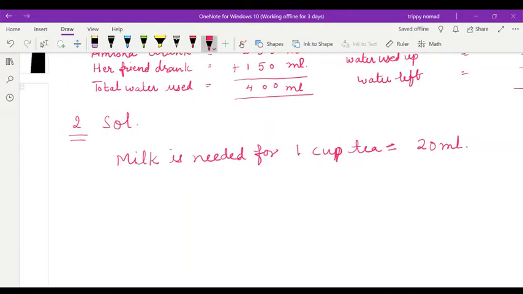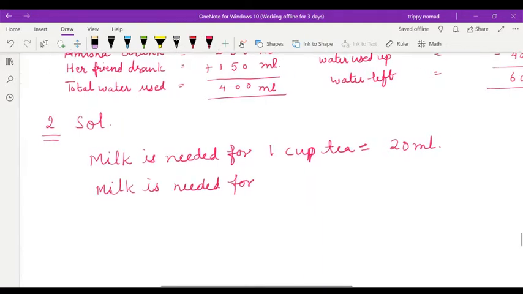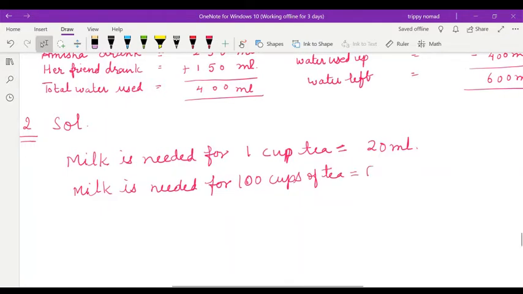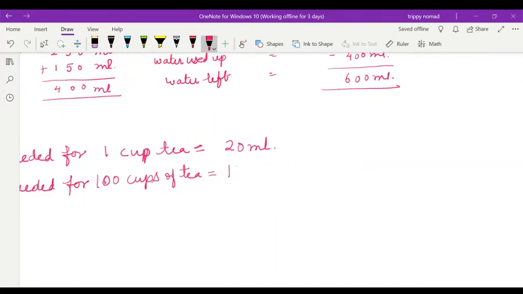Now, milk is needed for how many? 100 cups of tea. That will be 100 into 20, that will be 2000 milliliter.